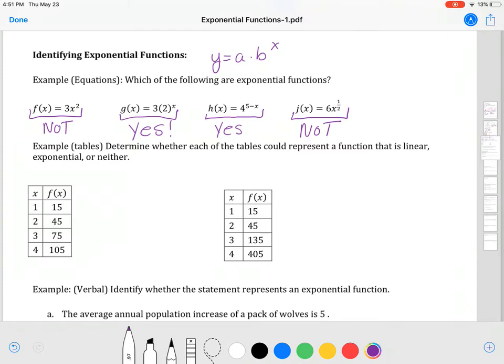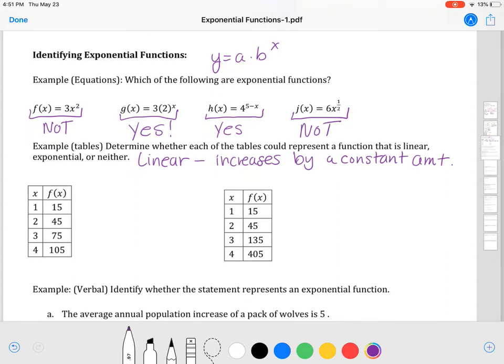Now, when we look at tables to determine whether or not it could represent a linear or exponential model, the difference between linear and exponential is linear increases by a constant amount and has a rate of change that doesn't change.